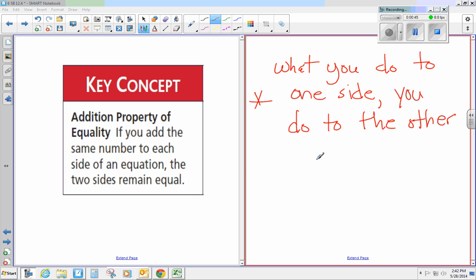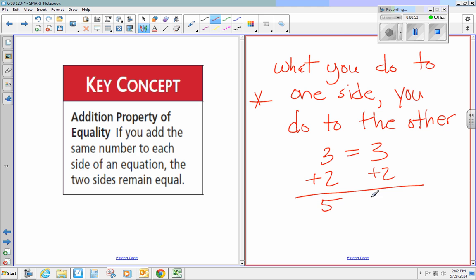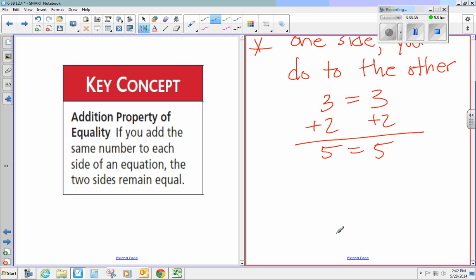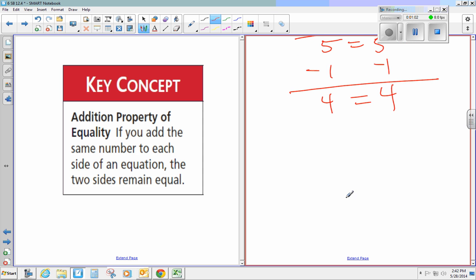So if you start off with any type of number, like 3 equals 3, you can add 2 to both sides, and the equality is still the same. You can subtract 1 from both sides, and the equality is still the same.